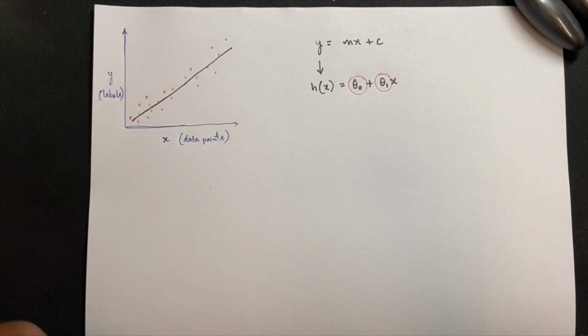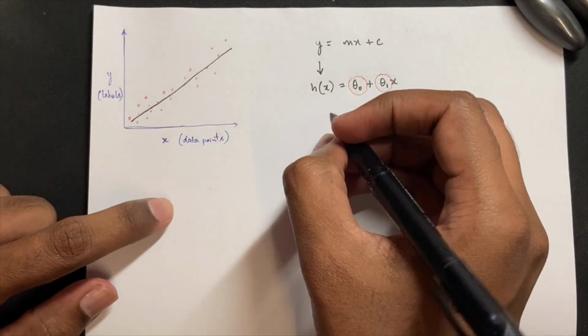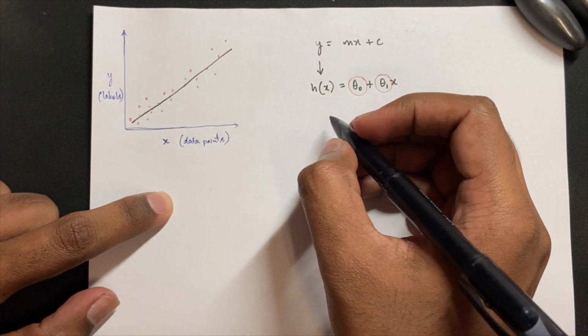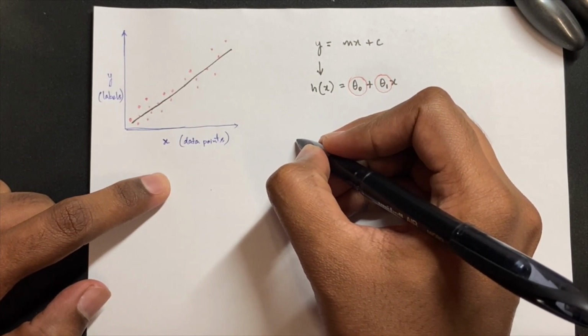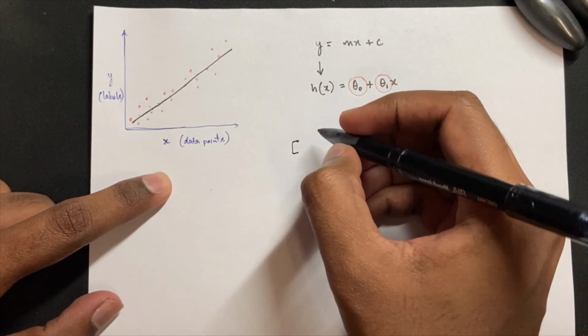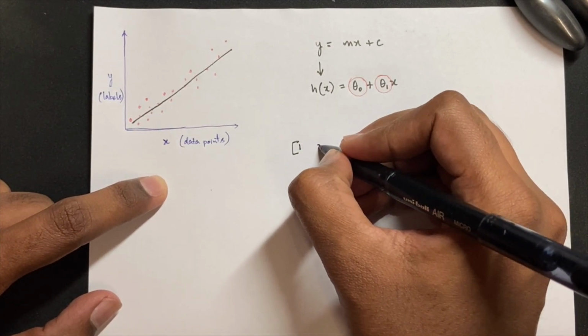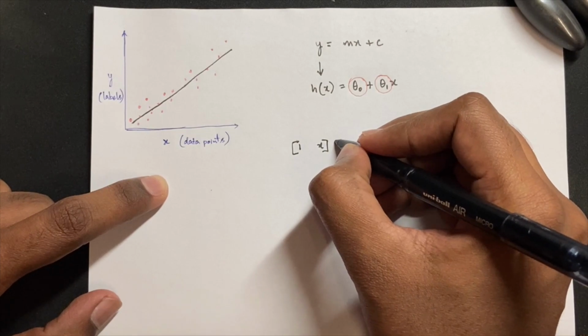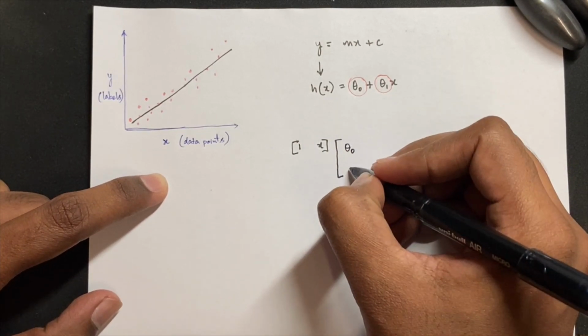So the best way to do this is not to program this explicitly, but in a different way. How we could represent this exact calculation is through a matrix. So I would say a 1 with an x, and take a dot product with theta 0 and theta 1.